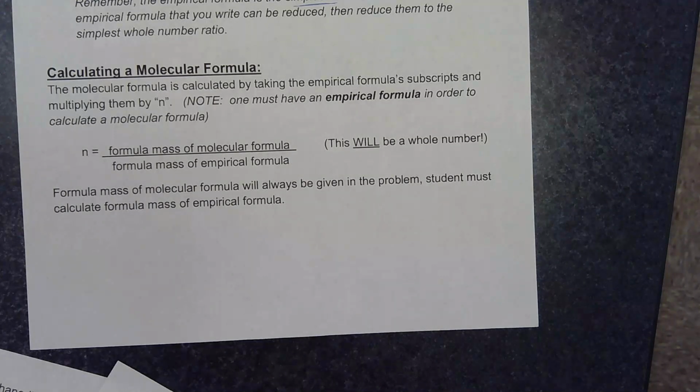Note, one must have an empirical formula in order to calculate a molecular formula. You cannot calculate a molecular formula without an empirical formula. Okay, you can't do it. It's impossible.